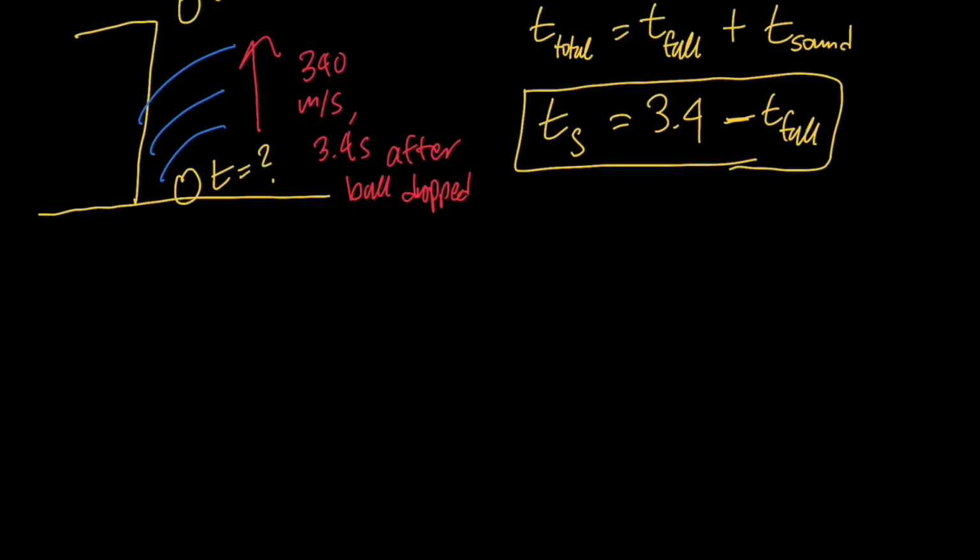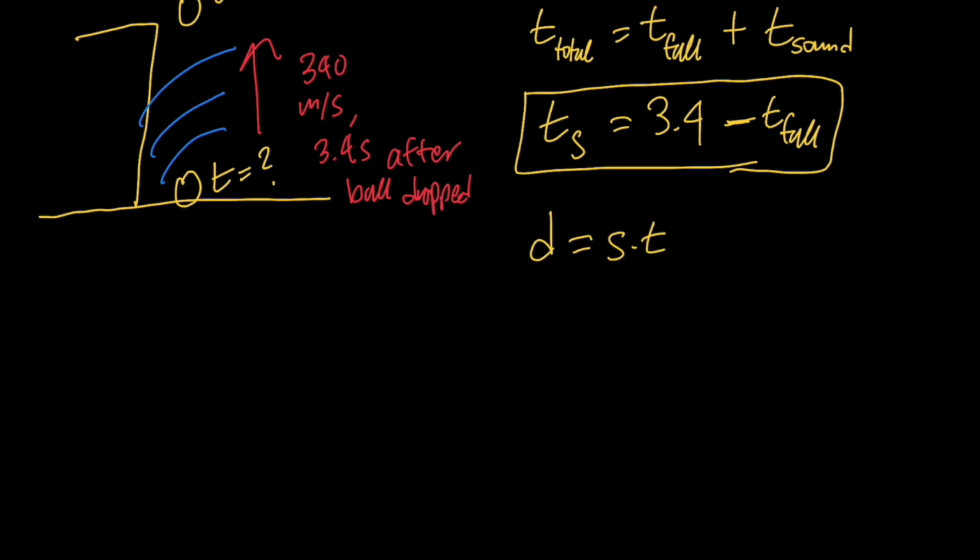Now you might be asking why we're trying to find the time for the sound wave to travel back up. That's because we can use this time coupled with the speed of sound to find the height of the cliff, using distance equals speed times time. This expresses the relationship for the sound wave, because sound waves travel at a constant rate. They do not accelerate. So that's why we can just use this simple equation as shown here.